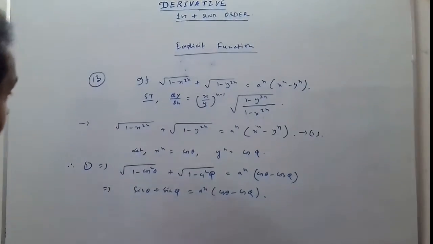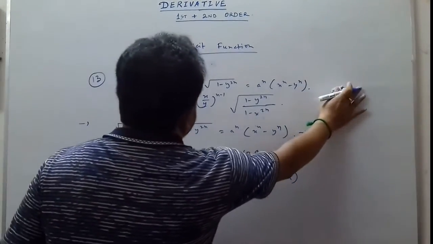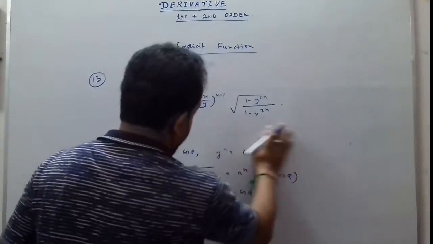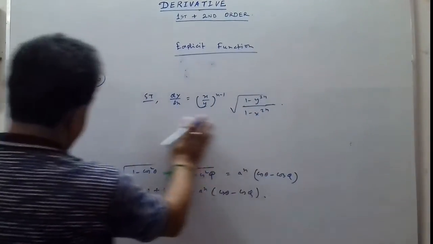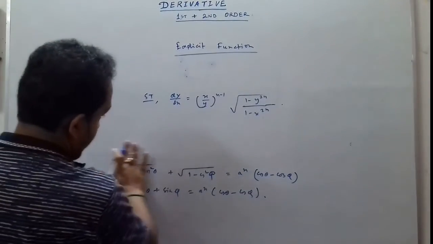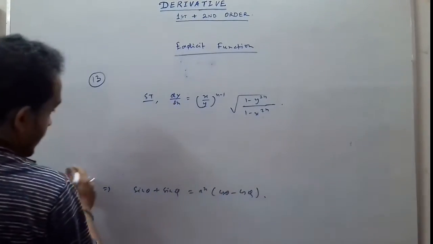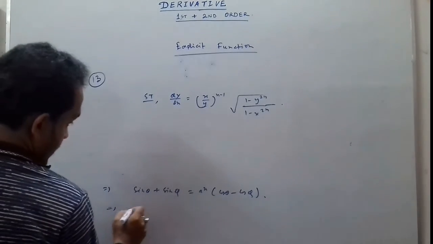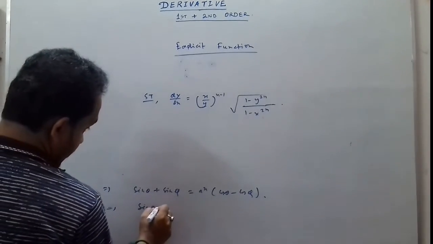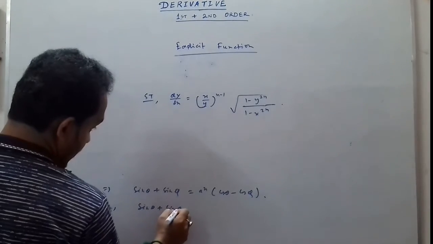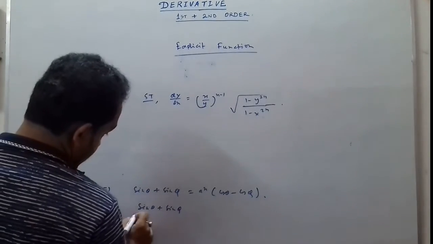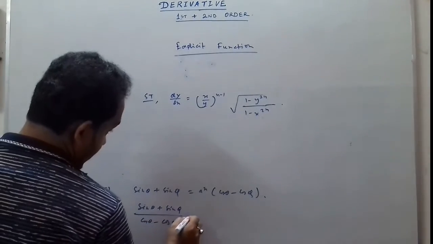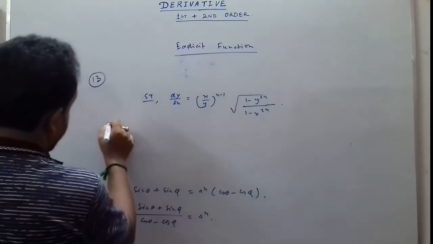Clear? Then we get sin theta plus sin phi divided by cos theta minus cos phi is equal to a power n.